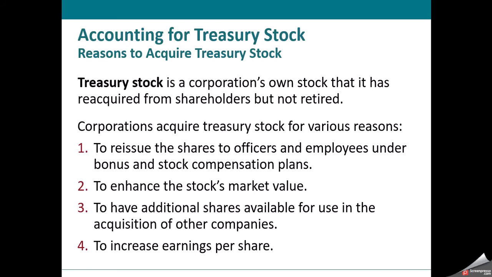All right, then we get into treasury stock. Treasury stock is something that is going to be up to the companies. It's when the shares are issued and outstanding and the company decides to buy some of those shares back. They'll go out into the open market and buy some of their own shares, and then they don't retire them completely. They hold them in the treasury, which is why they're called treasury stock. You might think, why do companies do that? There are several reasons.